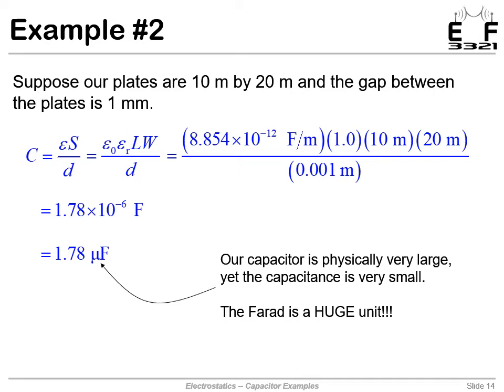So the conclusion from all this is the farad is a huge unit, and typically we're in the micro to picofarad sort of range when we're dealing with circuit components. Now in modern days we have supercapacitors and ultracapacitors that can get us some very, very high values of capacitance, but those are atypical capacitors, I would say.